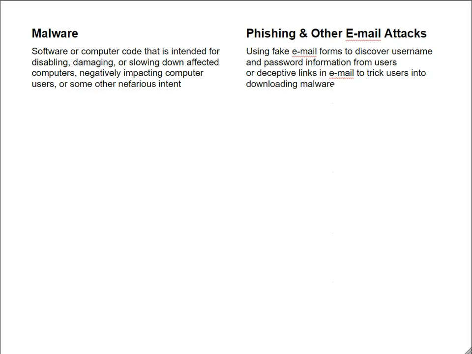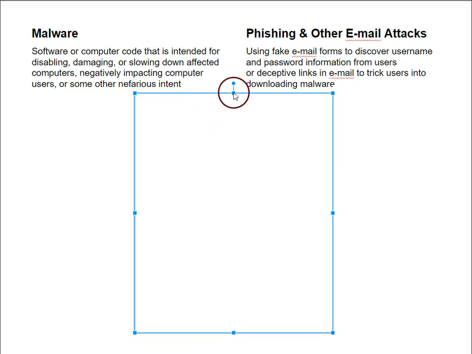And again, these types of malware can be delivered through web browsing to websites, from downloading things from websites that have unintended coding with them, or the one that we're really going to be focusing in on is through phishing attacks and emails that are sent to you that look legitimate but have things in them that you don't want on your computer. The first type of malware we're going to talk about is a computer virus.